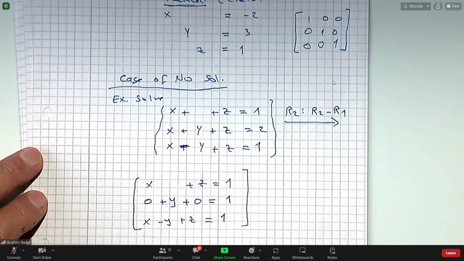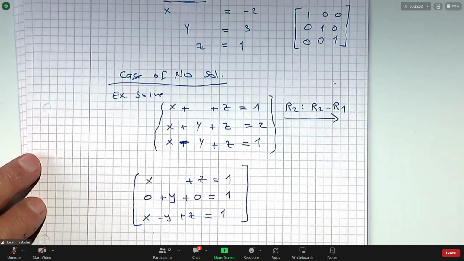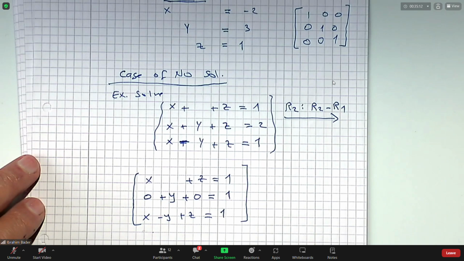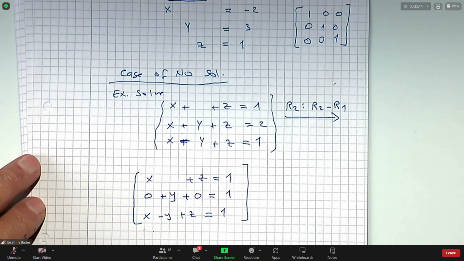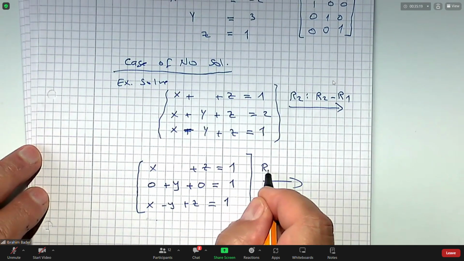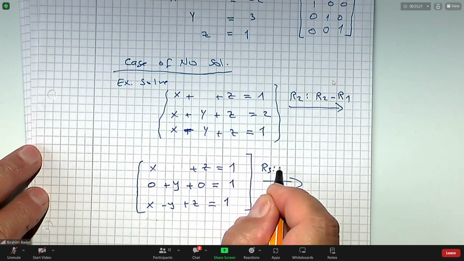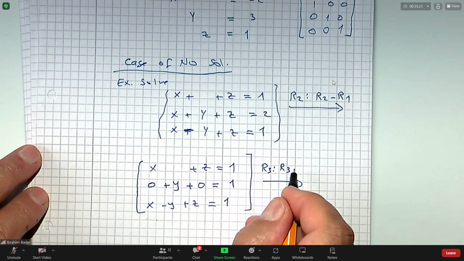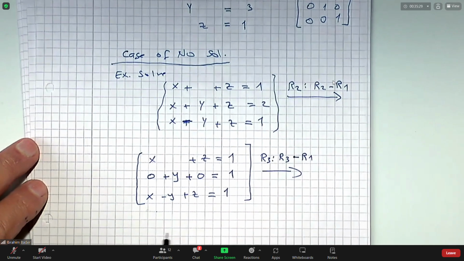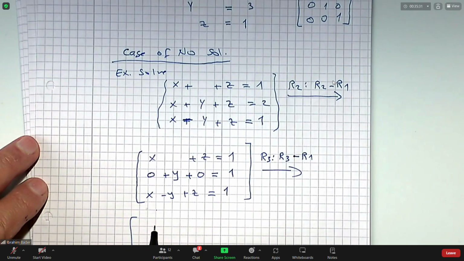Now in the next step, I can subtract R1 from R3, and see what I will get. R3 is replaced with R3 minus R1. So the first one is the same.